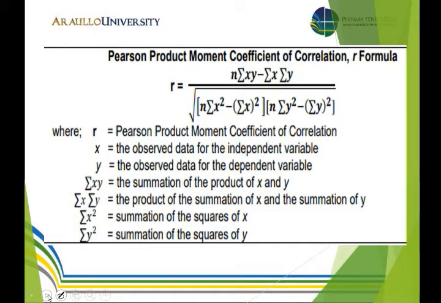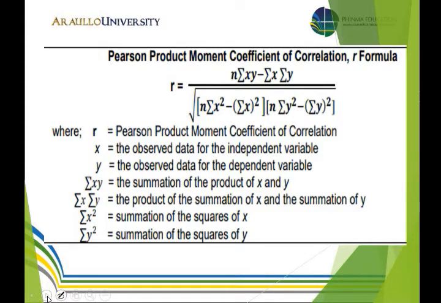So as you can see, we have the Pearson product moment coefficient of correlation, or R formula. Okay, ito'y gagamitin natin yung formula to compute for the value of R. Okay, we have numerator and then denominator. We have n multiplied by summation of xy minus summation of x multiplied by summation of y.